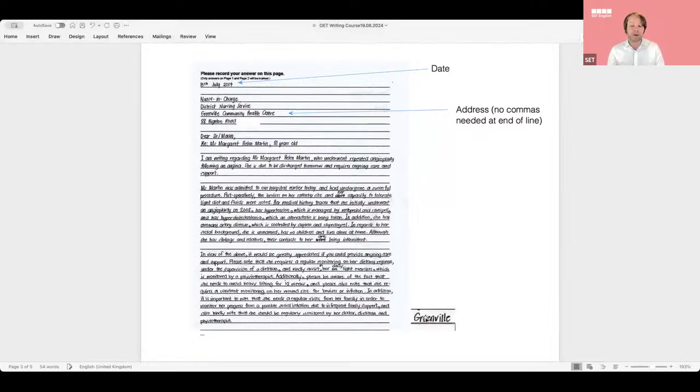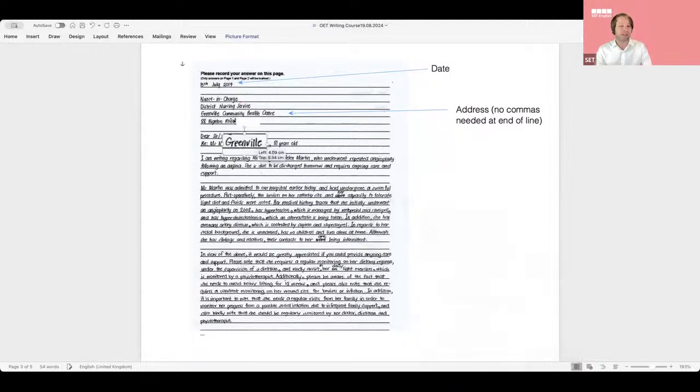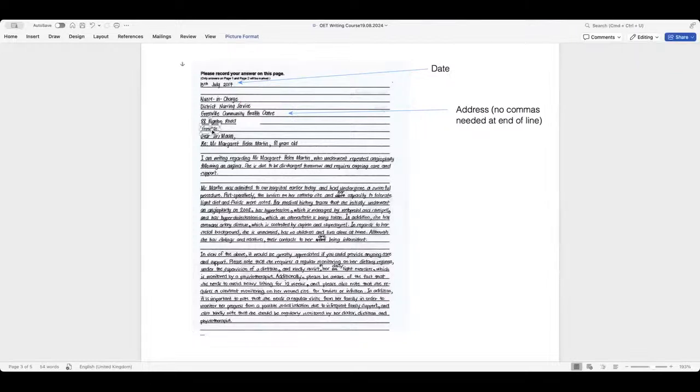Okay, any other questions about addresses? Students often ask me a lot about addresses. It's really simple. Don't need commas. You can use a separate line, okay? Any questions? Oh, Tasnim, go on, please. Yes, Alan. What about the capital? The beginning of like this nurse.